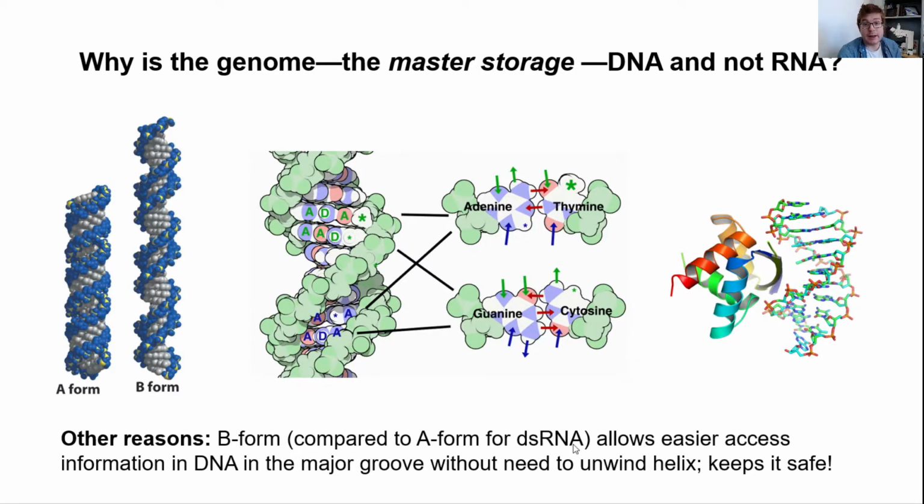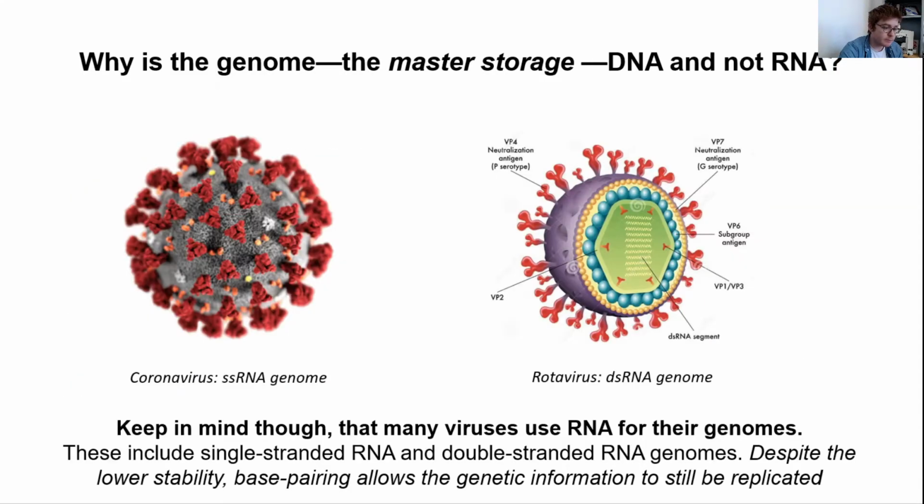And so this means that DNA, when it's completely sealed up, has the advantage that there can be many proteins that can, at least to some degree, read the contents of the helix without really needing to open those strands up. Now, that's not to say that A-form RNA type structures can't have some information read through these smaller grooves. It's just that this B-form structure is really optimal for this activity.